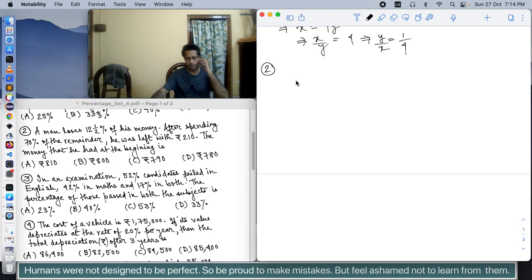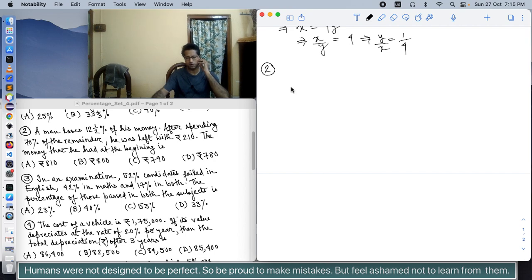So the man had some money. Out of that money, 12.5% of that money he lost in something. And after spending 70% of the remainder, meaning whatever money is left after the certain amount was lost, from that remaining money 70% he spent on something.